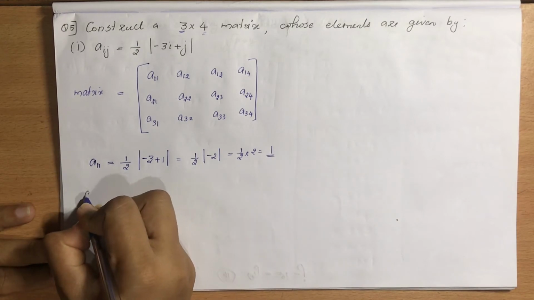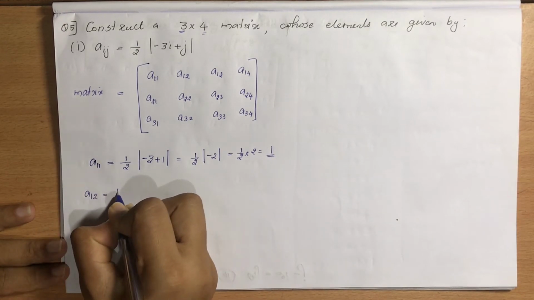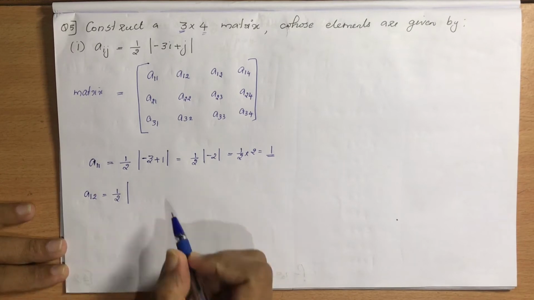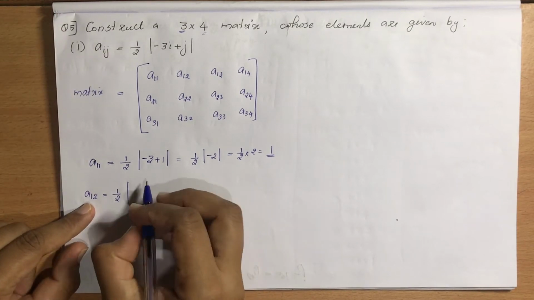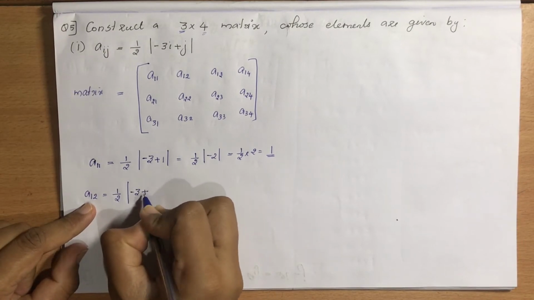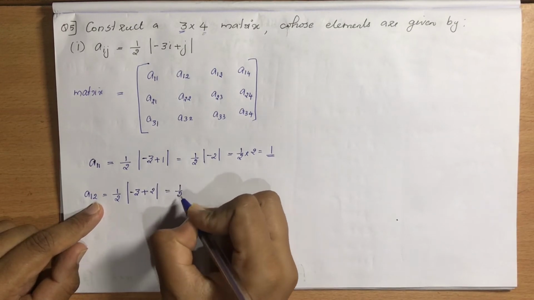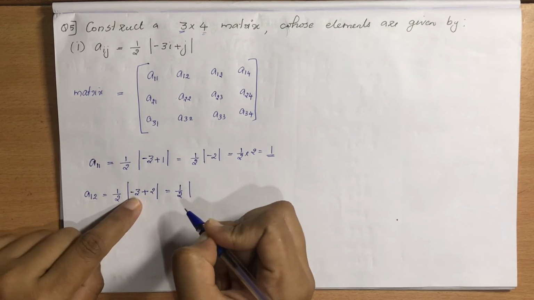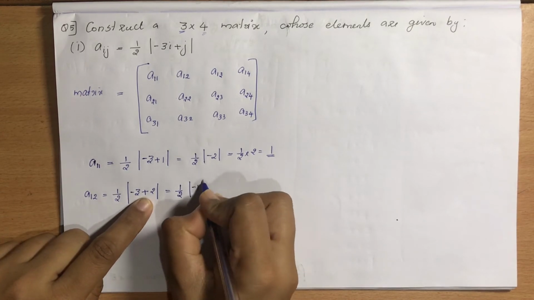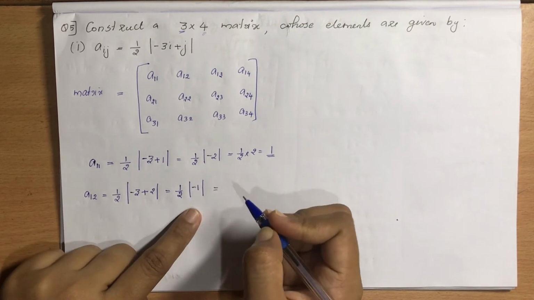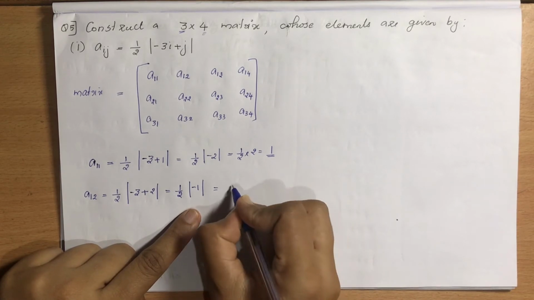Next A12. A12 equal to 1 by 2 mod minus 3 into i is 1. So minus 3 plus j is 2. So 1 by 2, mod minus 3 plus 2 is minus 1. Mod minus 1 means 1. So the answer is 1 by 2.